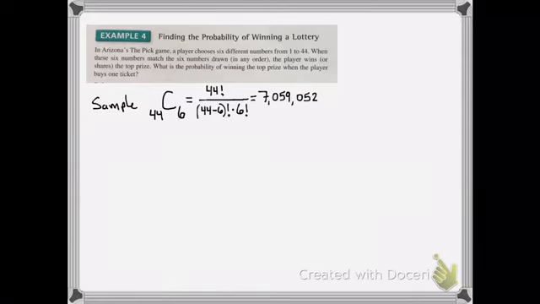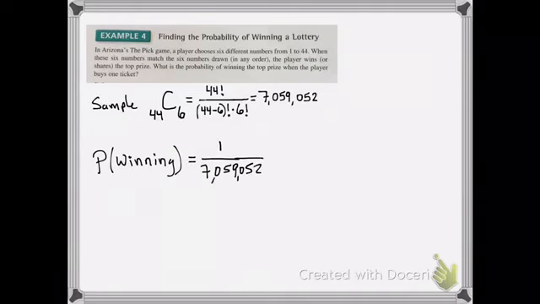The probability of winning is simply going to be the number of ways that you can win divided by that number. So how many ways can we win? Well, we have to get the right 6, and there's only one set that's going to be correct out of the 7,059,052 different possibilities.